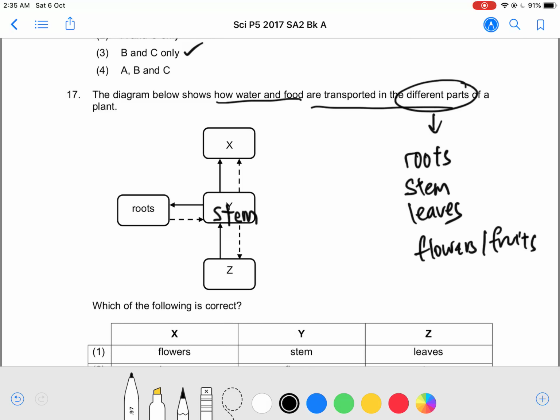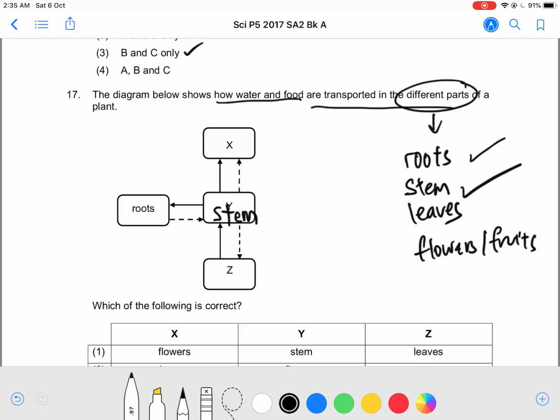Now there is a challenge because I do not know what X and Z are. Stem and roots have been done. I don't know which one is the leaf and which one is the fruit. We've got to see the direction.